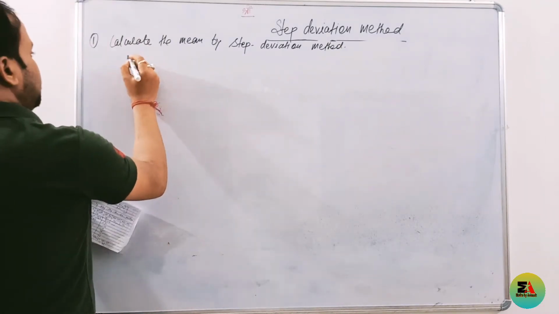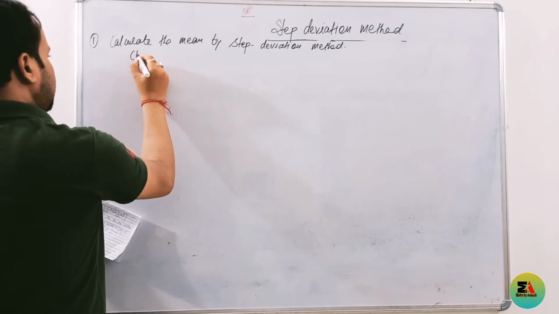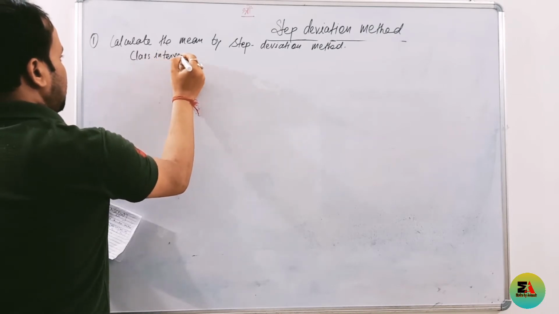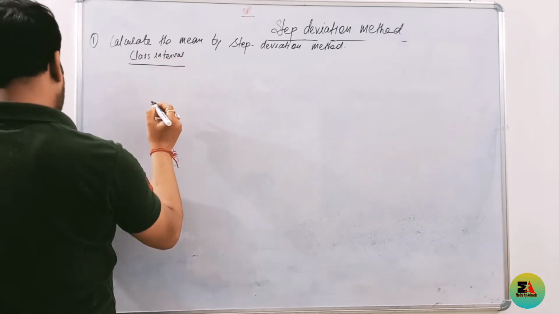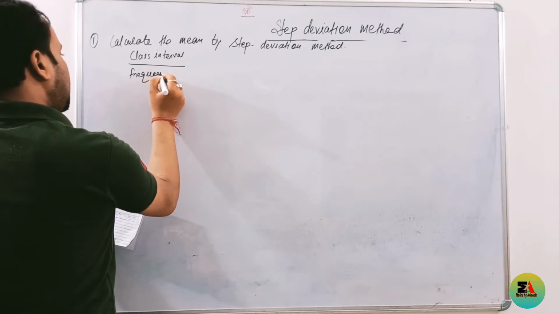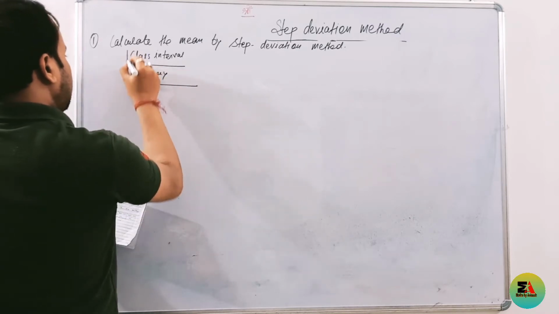See, this data table is given. This is the class interval, and these are the frequencies.